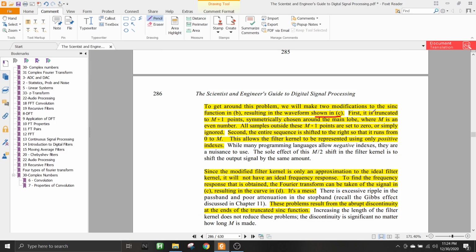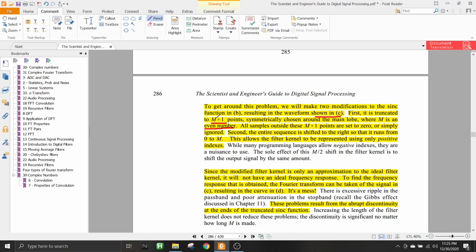The first is that it is truncated to M+1 points. M is chosen so that the points are symmetric around the main lobe, where M is an even number. M is always an even number, so that there are equal numbers of points to the left and right.